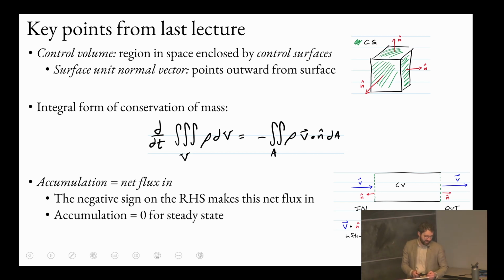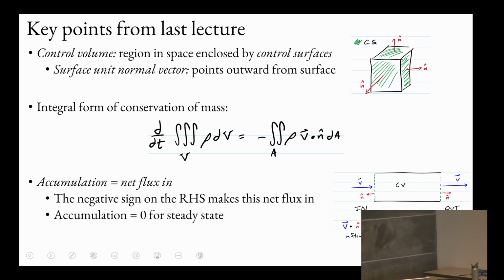I skipped an important part of last lecture where we talked about the different directions. When v dot n is less than 0, that means we're going in, because the vectors are in the opposite direction. That's kind of the tricky thing. That's the reason that we have the negative sign there, so that automatically makes this net flux in.